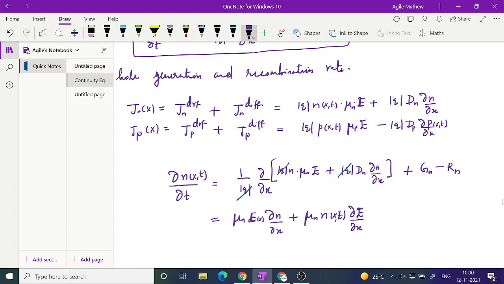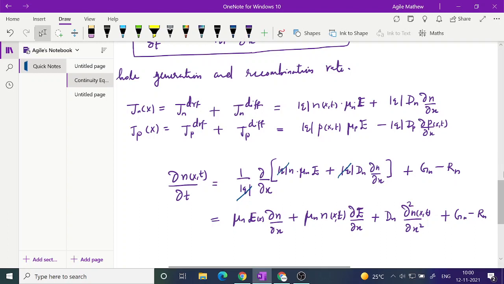This is from the first term. Then we have plus Dn, and this is going to be the double derivative, dou squared n of x comma t by dou x squared, plus Gn minus Rn.